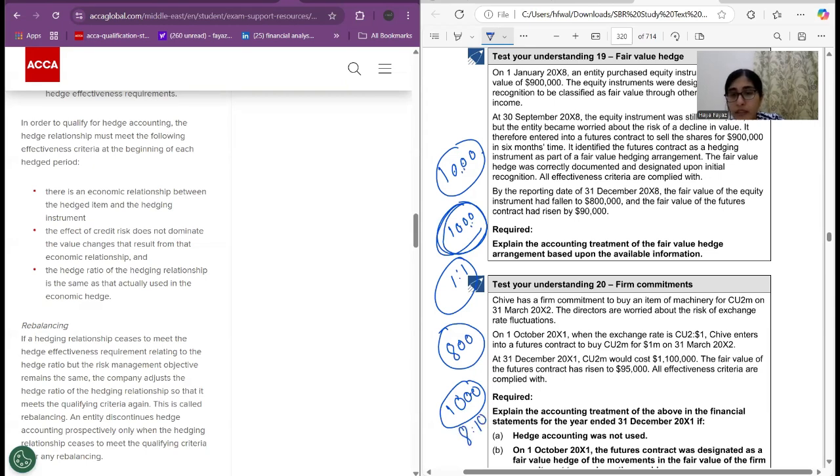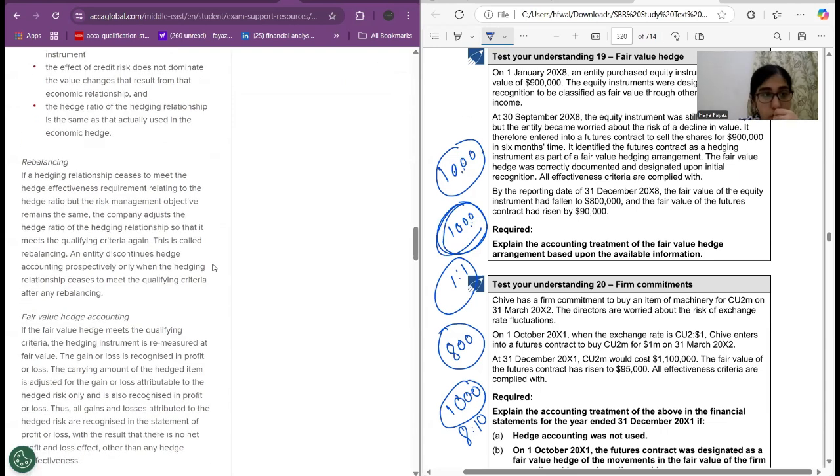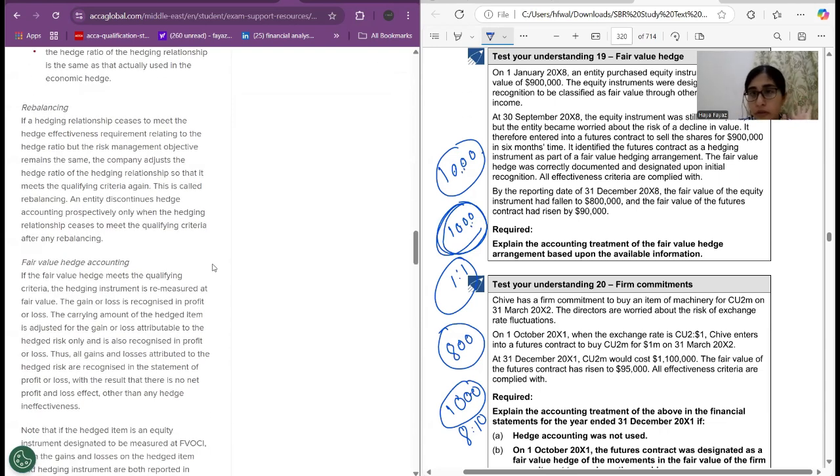It should be 1 by 1. Similarly, if it is 600 here in the hedging instrument, it's an under hedge, so it's not hedge effective. So it has to be hedge effective for sure, and only then we can ensure that this can qualify for hedge accounting. It's very simple. Nothing to get afraid of, right?